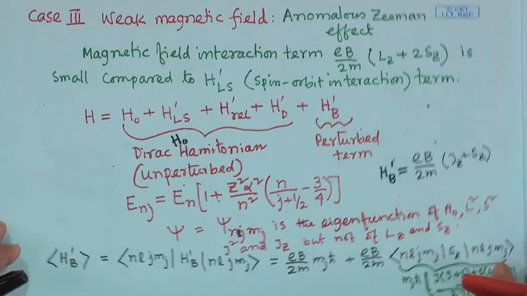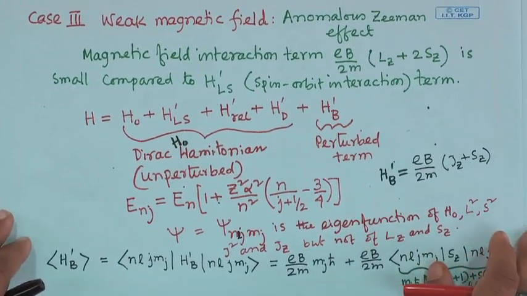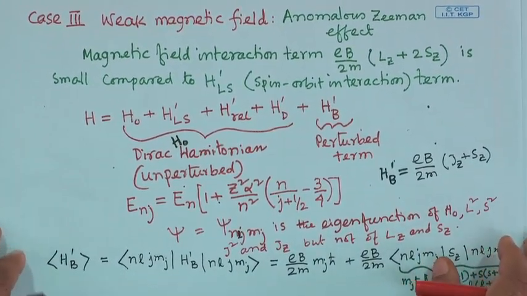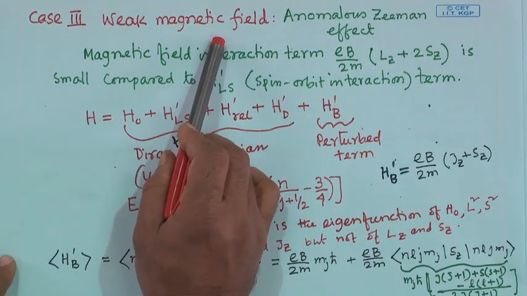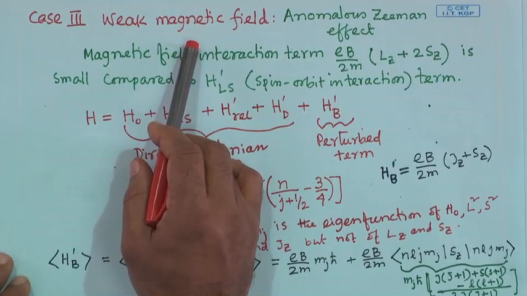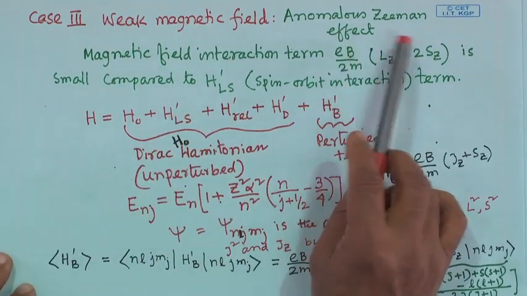Okay. So, next I will consider the case where the magnetic field is very weak, very low. That means the third case is a weak magnetic field. In this case, the Zeeman effect we will see is called the anomalous Zeeman effect.